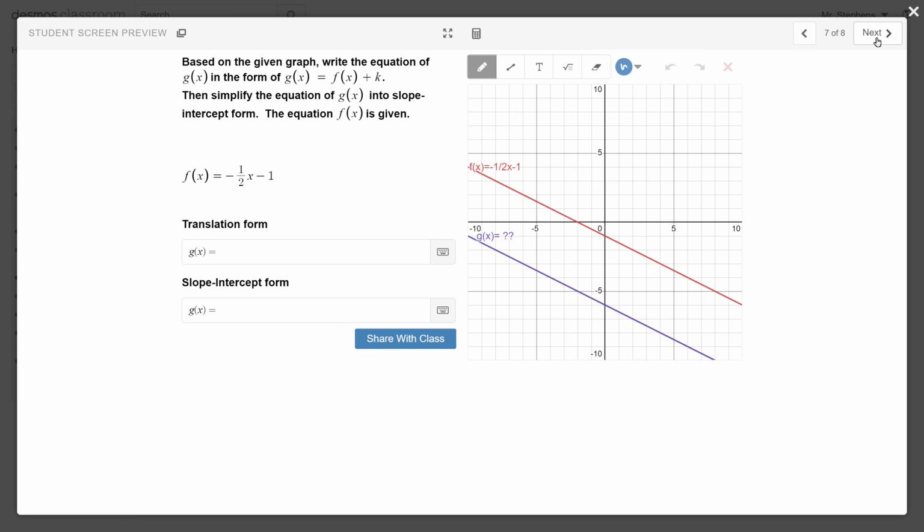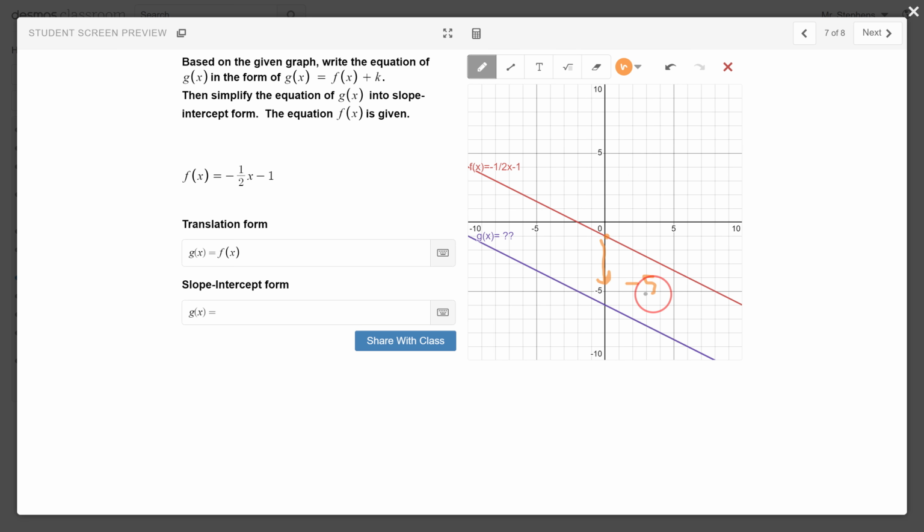Okay, last one. This is the last one. Based on 1/2 minus 1. Oh, here they are. See, it's parallel because it has the same slope. We know it's going to be negative 1/2 x, right? So g of x, translation form. The translation form is you take f of x, and it's being dropped, right? How much is it going down? Let's see. We're going to go 1, 2, 3, 4, 5.